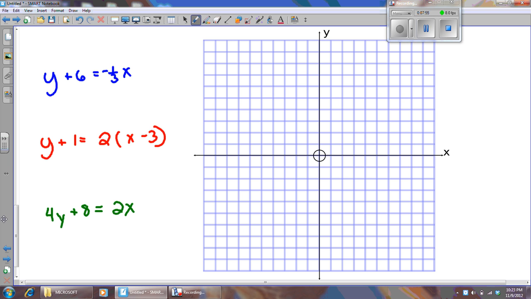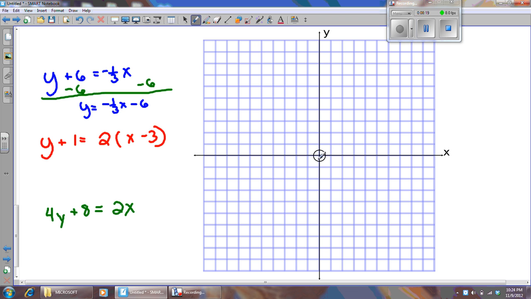Now, I'll bet I can't fool Nicole on this one. I'll bet she knows that that is not slope-intercept form. I'll bet she realizes that the y needs to be alone, so she's going to subtract 6 from both sides. Oh, she's just so smart. And then I will get y equals -1/3 x minus 6.